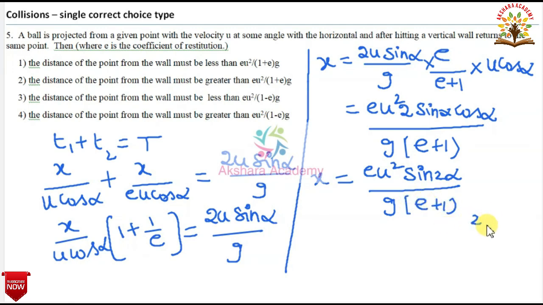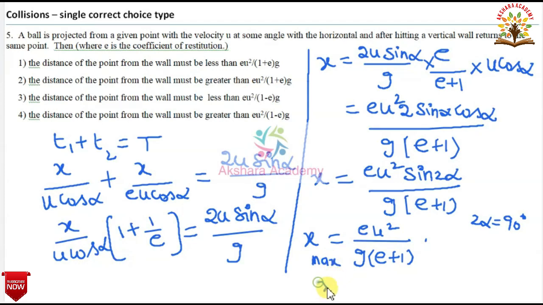Here 2 alpha is equal to 90 degrees, then sin 90 is equal to 1. So x is equal to e u square by g of (e plus 1). This is x maxima, so x is less than x maxima. Maximum x is e u square by g into (e plus 1).